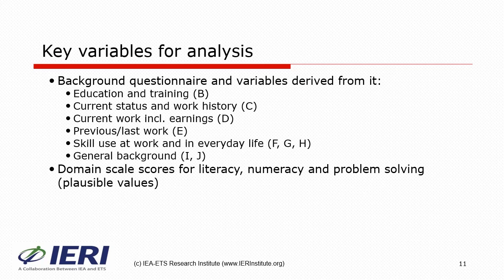Current status and work history are identified with the letter C. Current work, including earnings, is identified with the letter D. Previous last work is identified with the letter E. Skill use, at work and in everyday life, is identified with the letters F, G, and H. And general background variables are identified with the letters I and J.